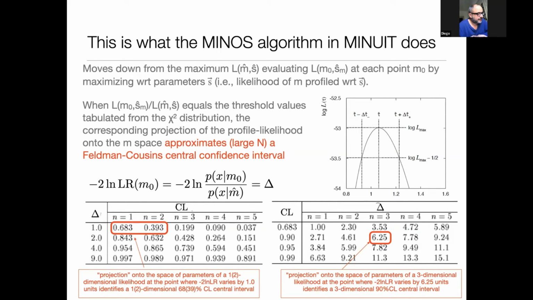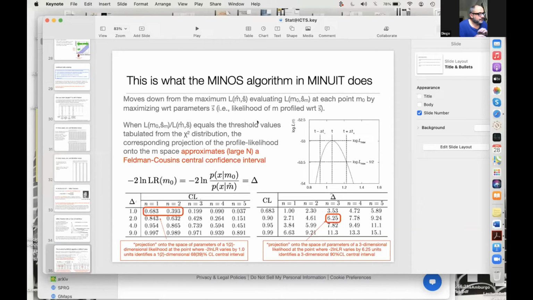I see that there are 3 questions in the chat. Can we use some other method except chi-square for likelihood fit? Yes, absolutely. You can. Is this question related to the confidence band construction?